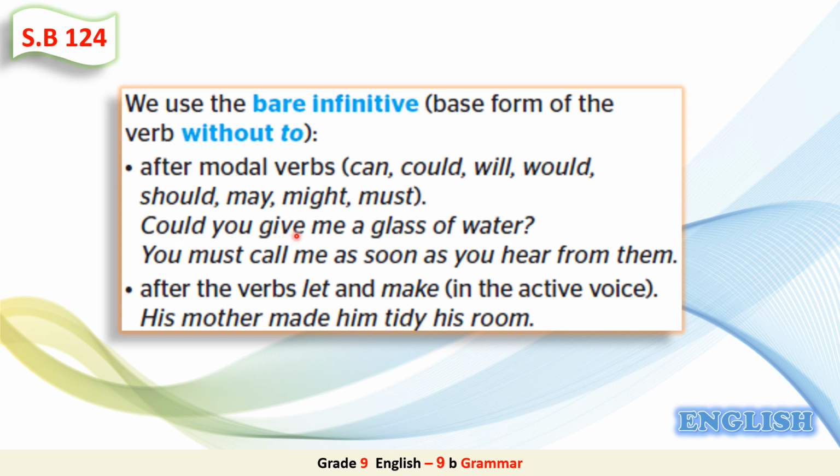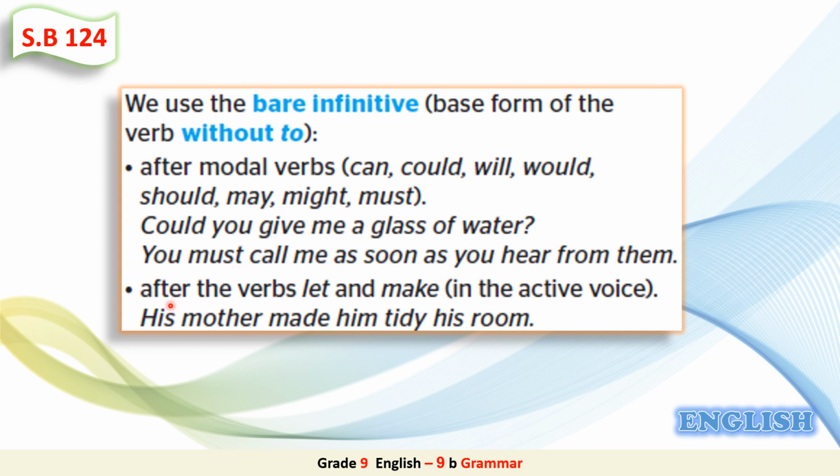For example, could you give me a glass of water? Could followed by give. It is a bare infinitive verb. You must call me as soon as you hear from them. You must call. We use bare infinitive. Why? Because it is preceded by the modal must.